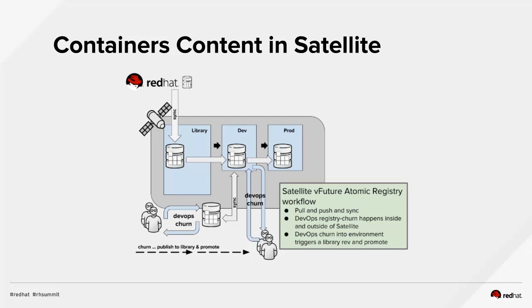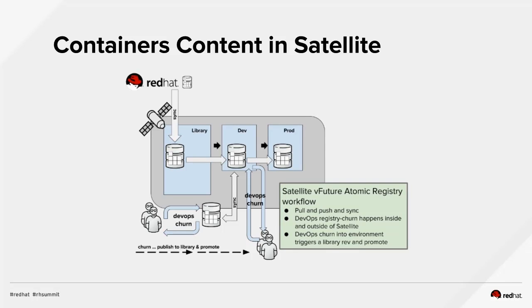But we will take that a step further, making the registry writable and based on the enterprise registry, so that we can leverage Satellite's ability to promote these images from library to dev to production, with multiple OpenShift clusters consuming the same images that can be promoted across every single stage.